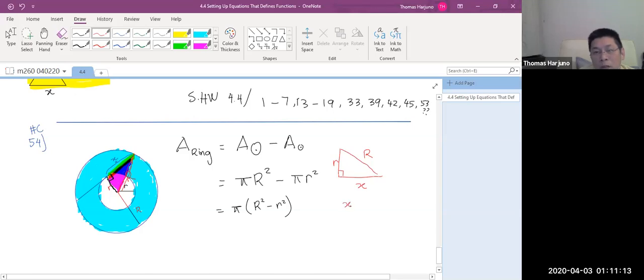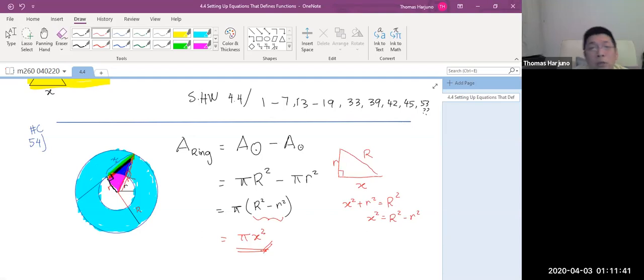So what will x be? x squared plus r squared equals capital R squared. So x squared equals capital R squared minus r squared. But that's basically what we have here. So the area of the ring will be pi x squared.